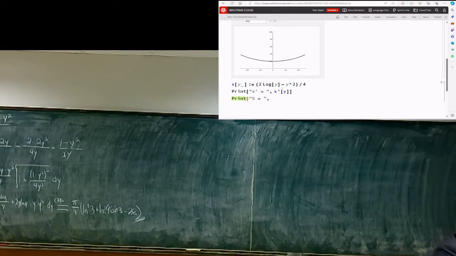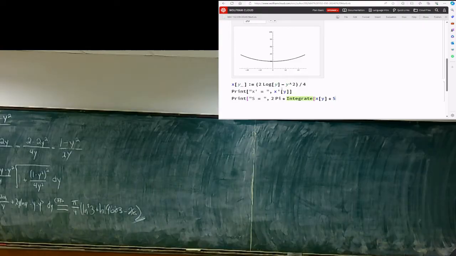And then for surface area, doing this way now makes it really easy. 2 pi times integrate. We said it was x of y, right?